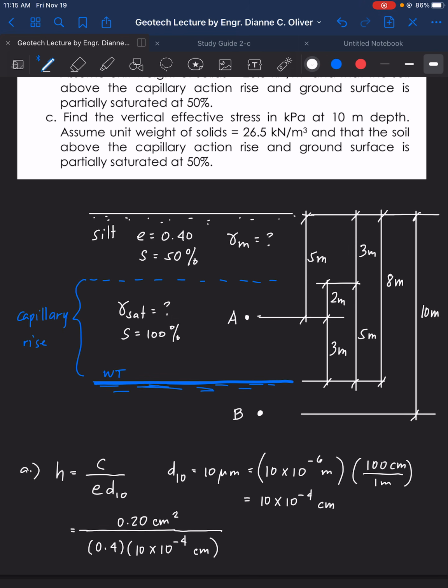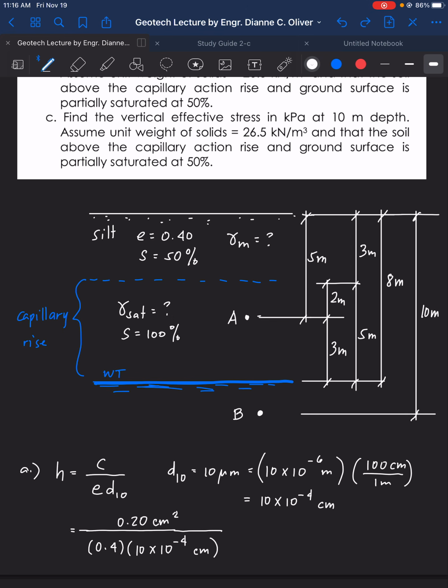So let's compute for the P total, or we can just simply create a shortcut of this. If you go back to our calculations in the first video, we were able to obtain how to compute without going through the P total and PW. So we will just take here the gamma M times the height 3 meters, because that is moisture.